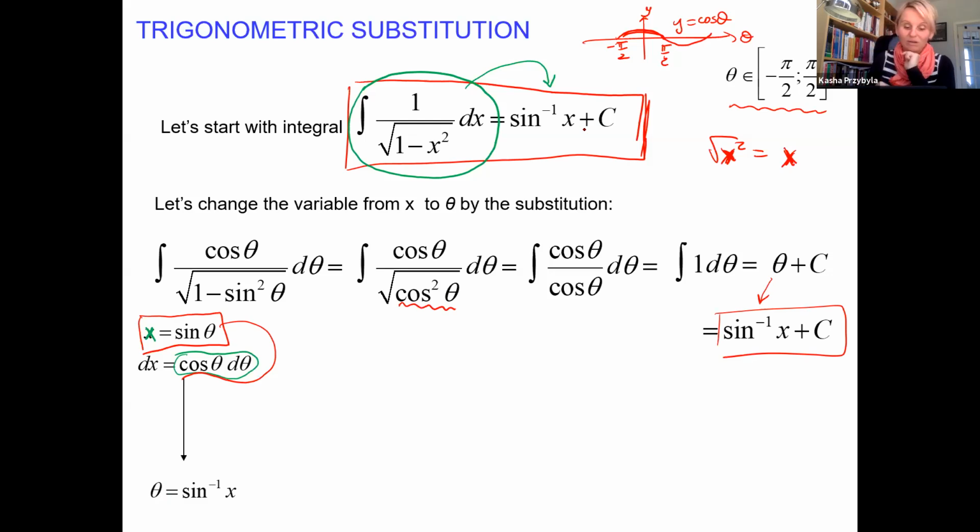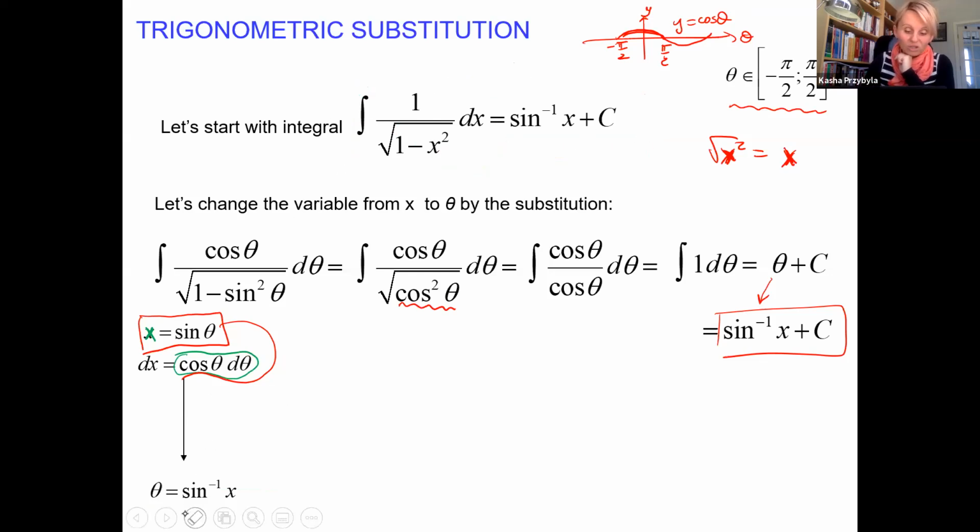But let me explain one thing. Looking at this original integral, what did I see? I see the square root expression, and under the square root we have 1 minus x squared. Having this algebraic function, it's not easy to integrate. Seeing this square root expression, we know we have to apply a trigonometric substitution. That's what we did.